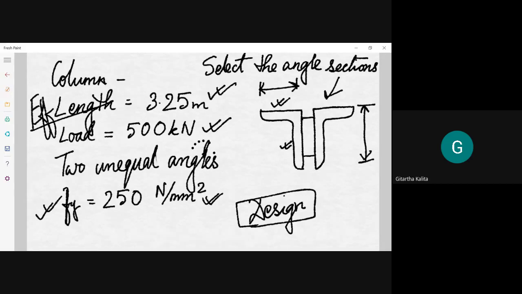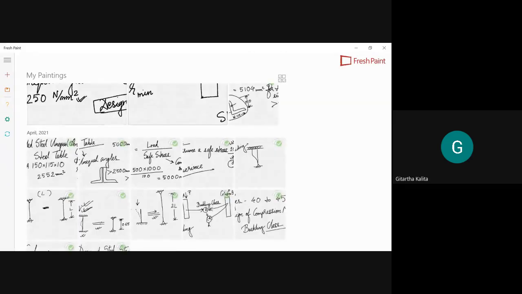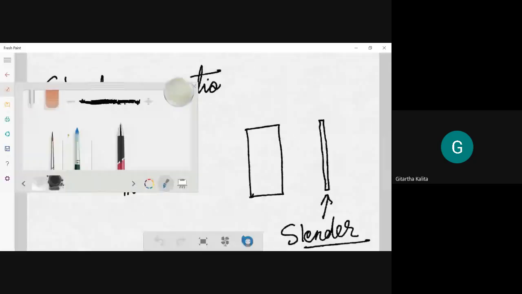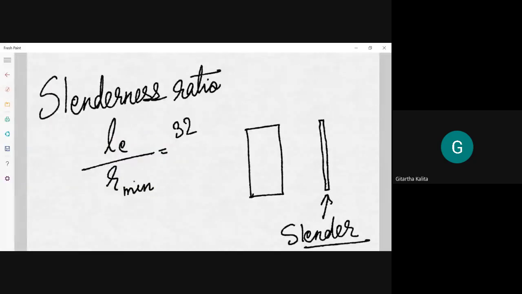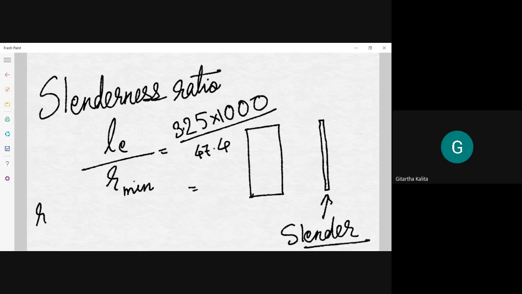Effective length is 3.25. So convert it into millimeter, 3.25 into 1000, and minimum is 47.4, R minimum. That means comparing Rxx and Ryy, whichever is the minimum, that is the minimum radius of gyration. This one is the minimum.